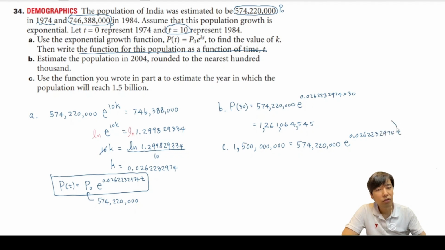And you're looking for this t. So divide, okay, cancel this one. Divide this number by that number, 574 million.